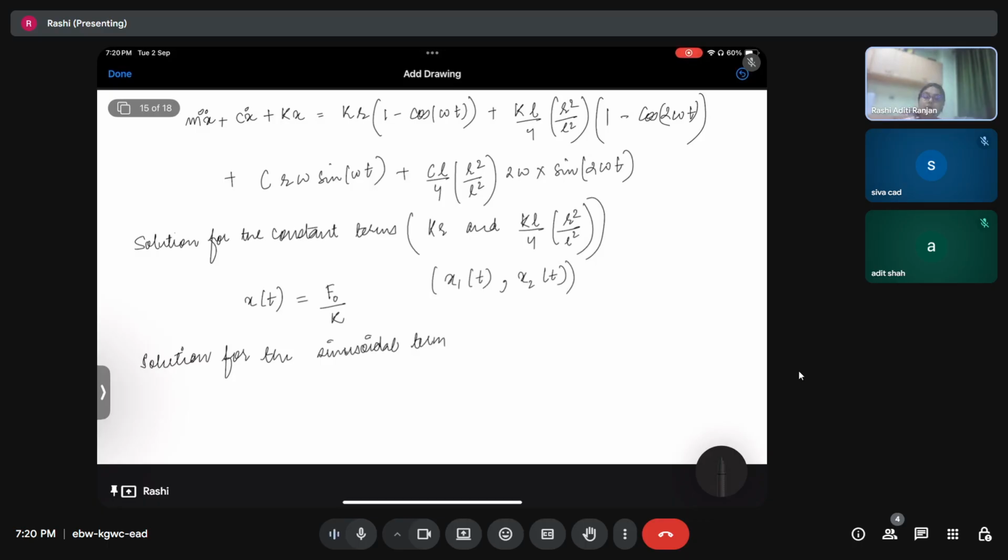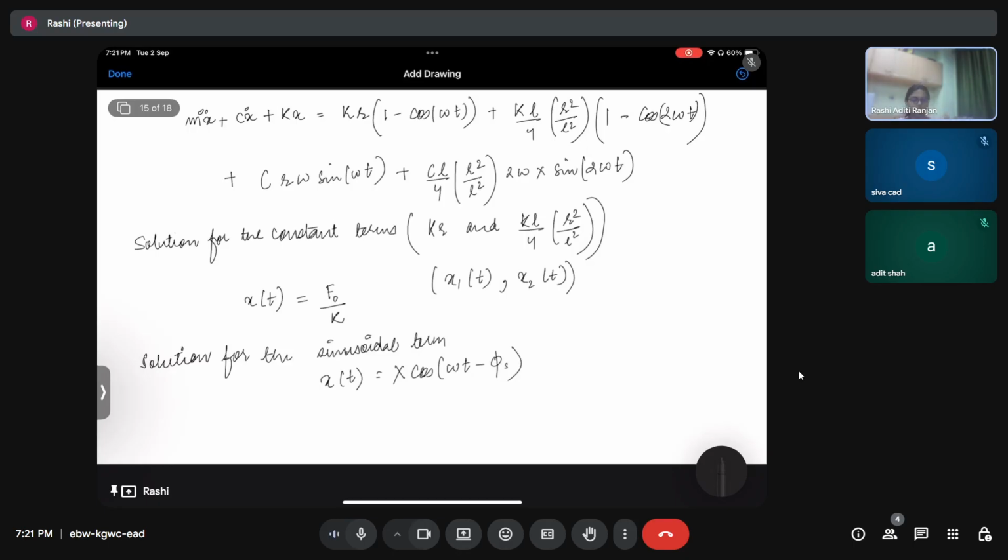Now when we have to find out for the sinusoidal term, the solution is going to be x of t as X cos of omega t minus phi s.